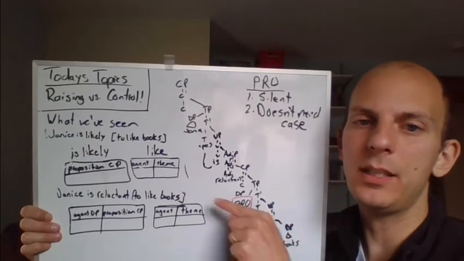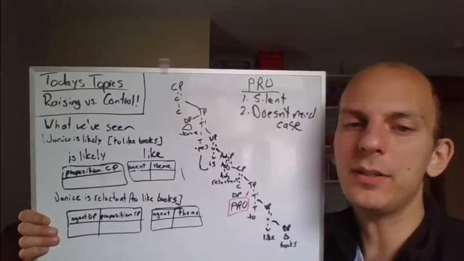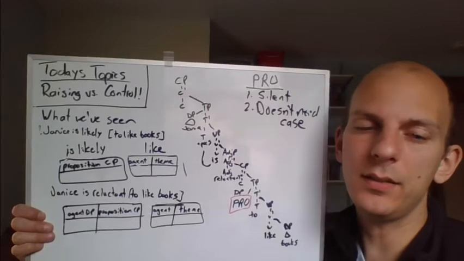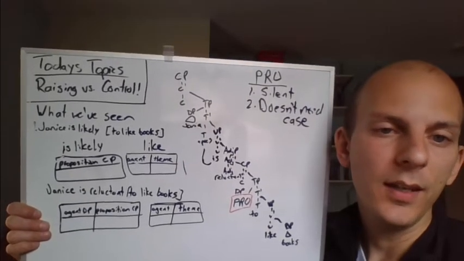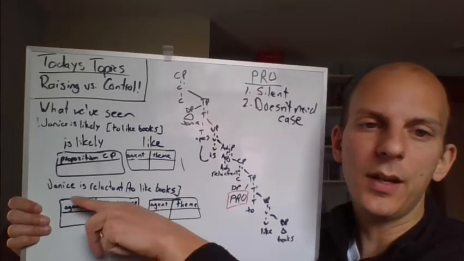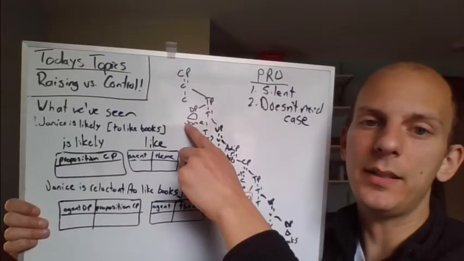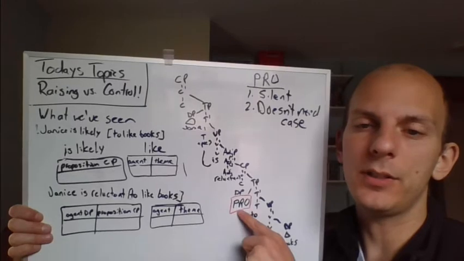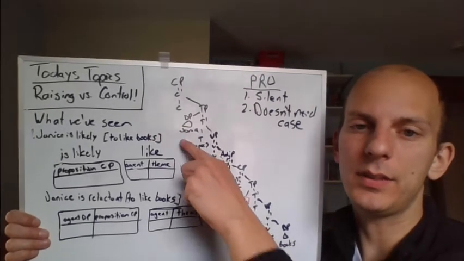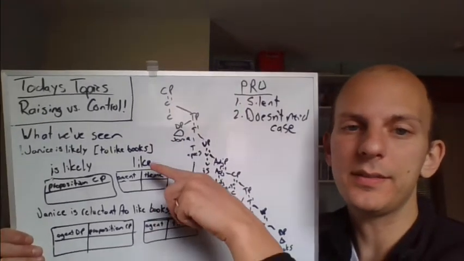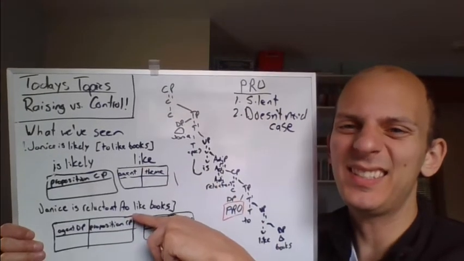Subject, spec TP, to subject, spec TP raising. That's what that type of raising is called. And down here, we saw that it was the subject, Janice, that's doing the controlling of this pronoun. Janice was a subject and it was controlling. So this is subject to subject raising, and this is subject control.